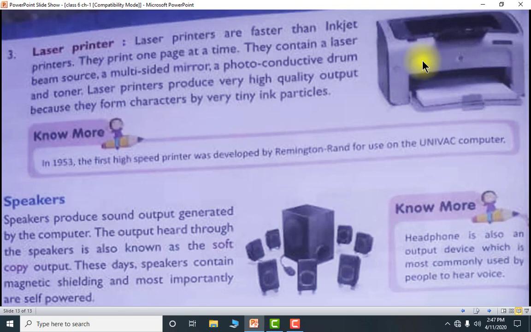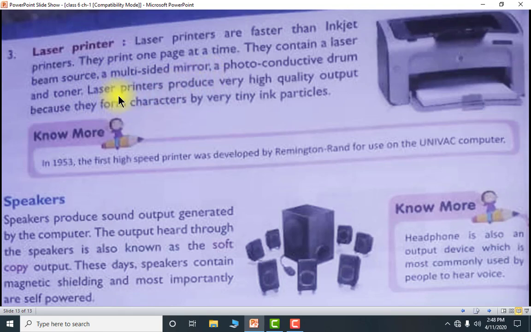Whenever we give a print command, first of all, the laser beam source activates the photoconductive drum. The ink in a laser printer is called toner. Whenever the beam is put on the photoconductive drum, the toner comes out of the drum, and then the multi-sided mirror arranges that powder according to the printing position.